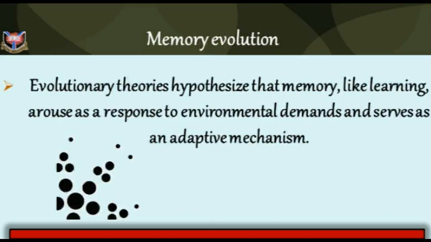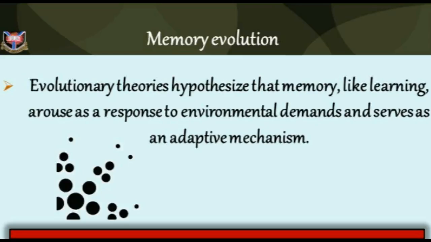Memory evolution. Evolutionary theories hypothesize that memory, like learning, arose as a response to environmental demands and serves as an adaptive mechanism. It allows the animal to retain information about its environment and thereby survive within the environment.